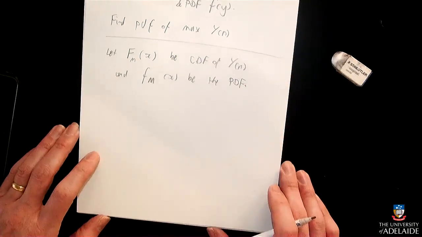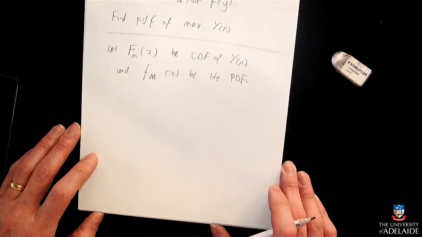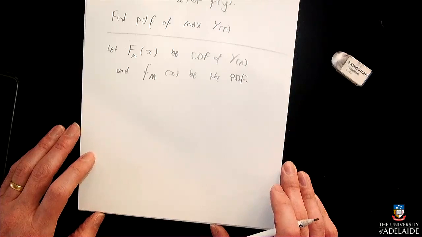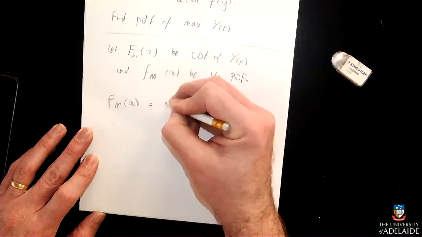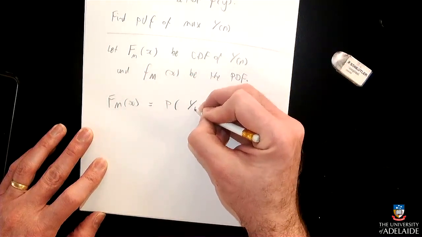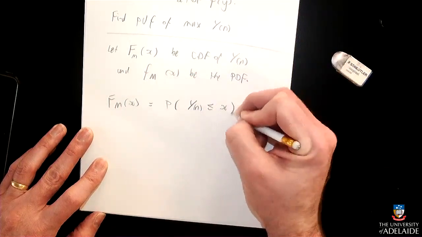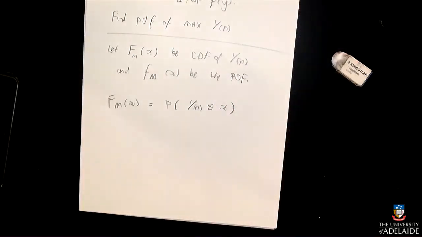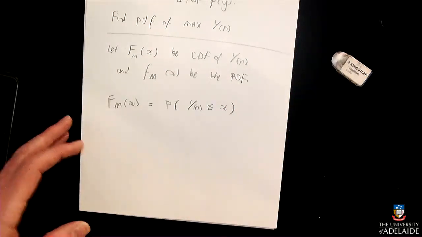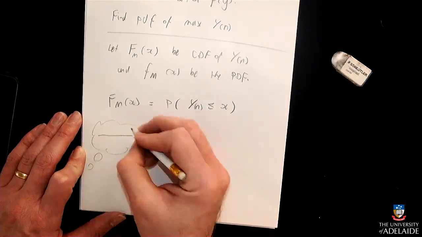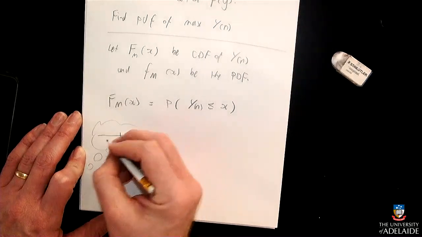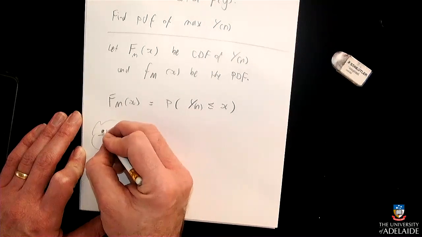Okay, so, all right, so F of X is the probability that Yn is less than or equal to X. So if the maximum is less than something, in my head I've got this: if the maximum is here, then all of the y's have to be here.